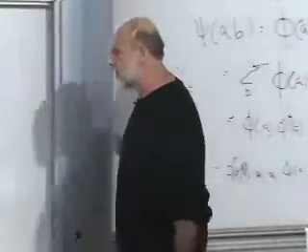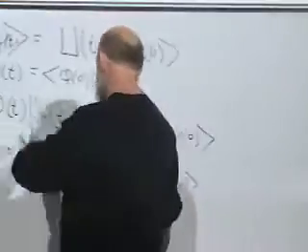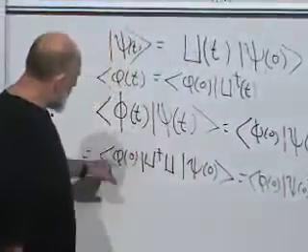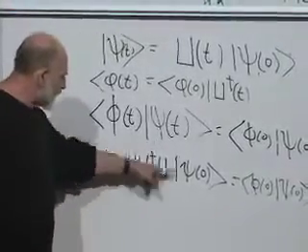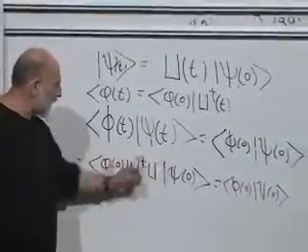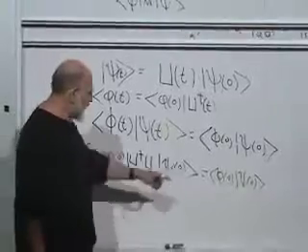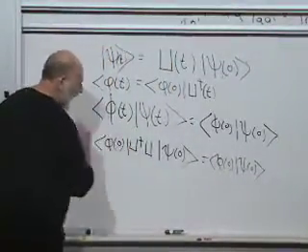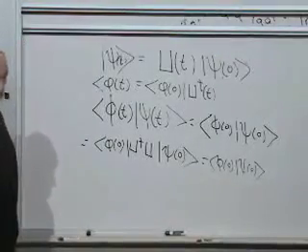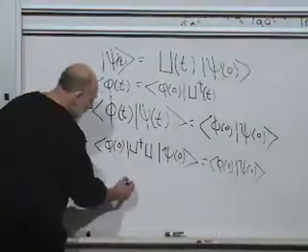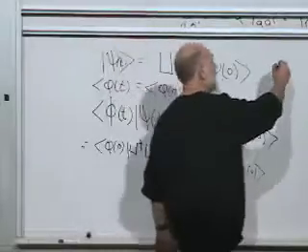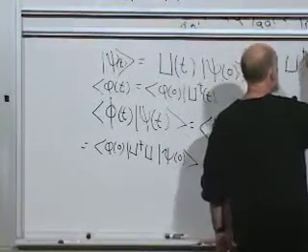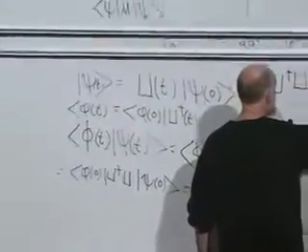I'll leave it to you to prove that if there's an operator whose matrix element between any pair of states is the same as just the inner product between those states, it follows that operator must be the unit matrix. So here's what we learn: u dagger u is equal to 1.